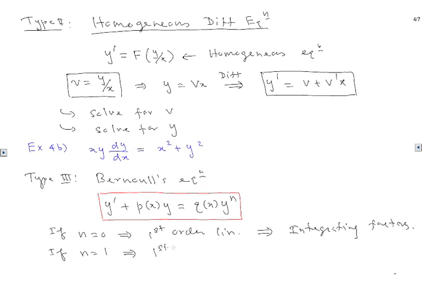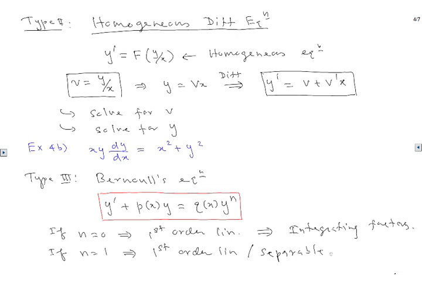You can use one of them, either first order linear or the separable technique. So if n equals 0, first order linear. If n equal 1, it is first order linear or separable.